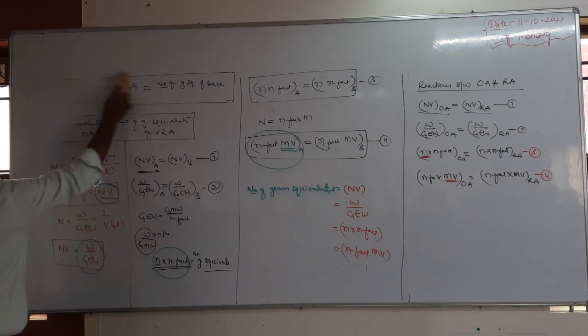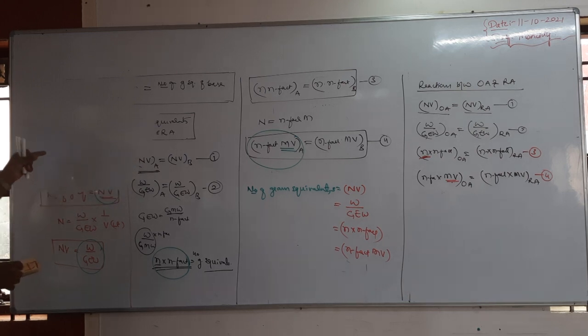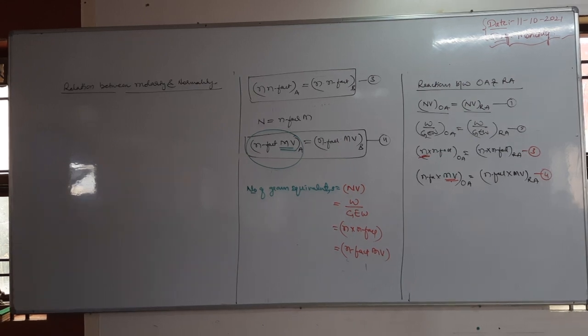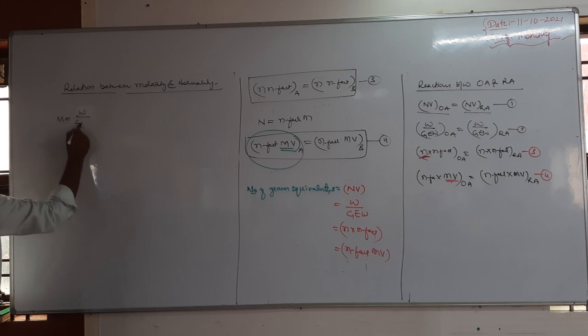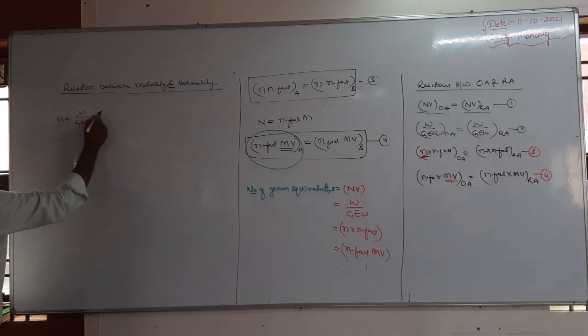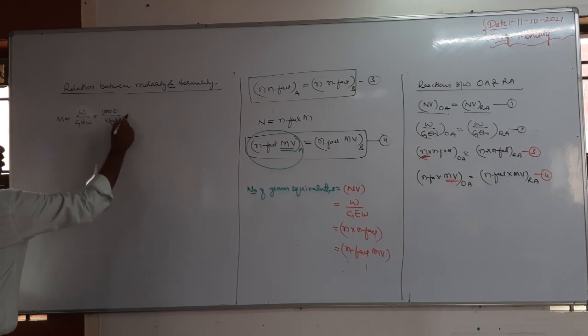Write down the question: relation between molarity and normality. So we know that molarity equals weight by gram molecular weight into 1000 divided by V, where V should be in milliliter.